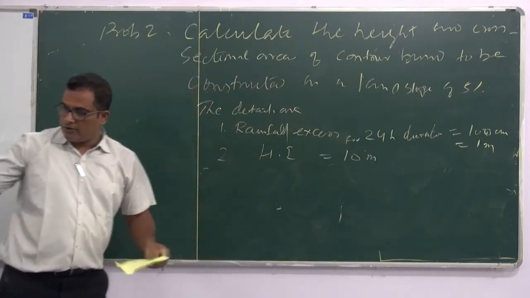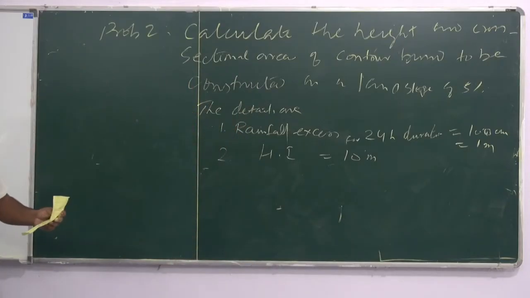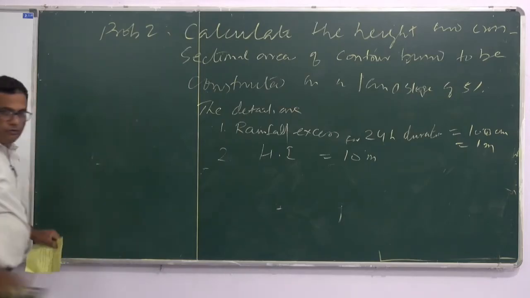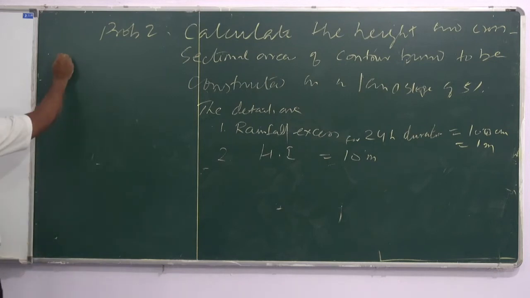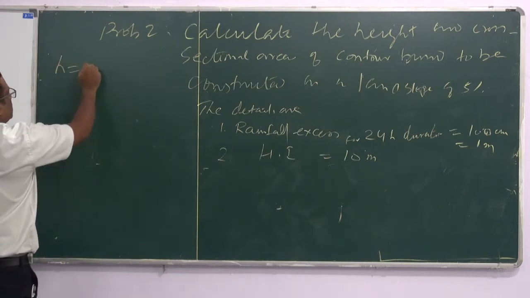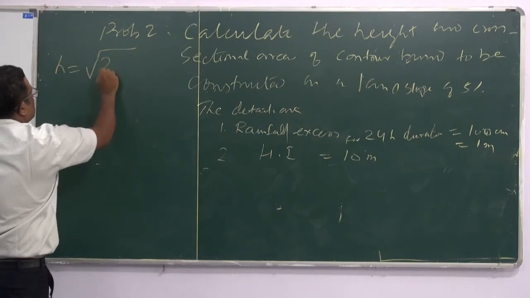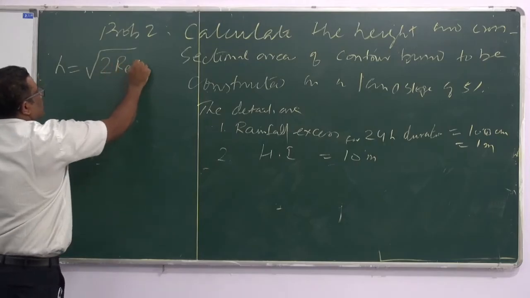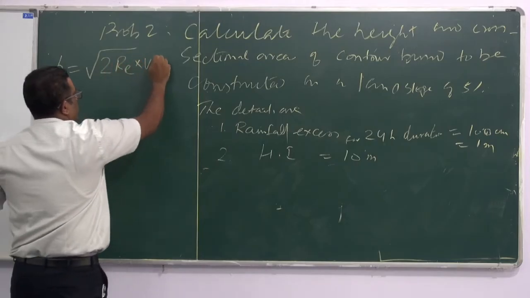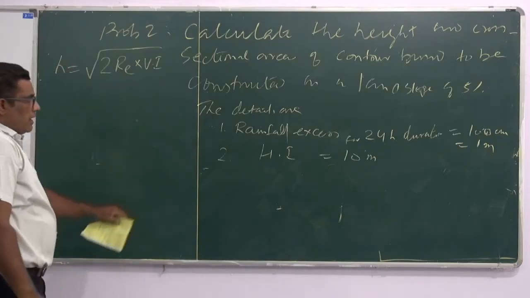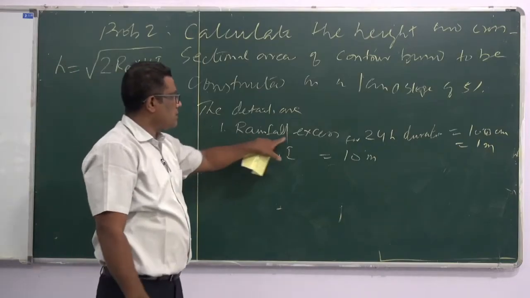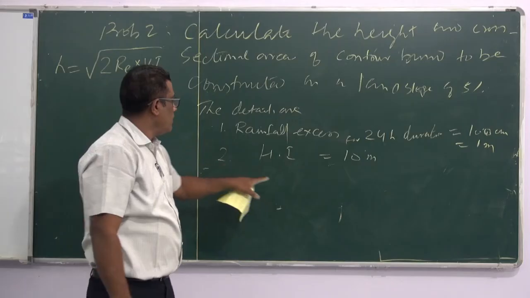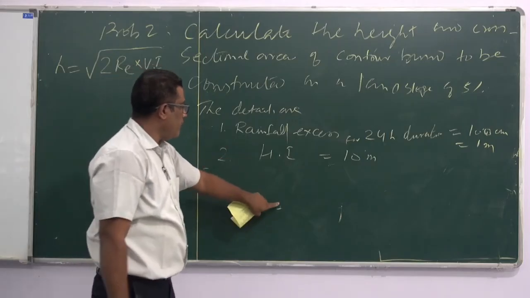Here you have to find out the height. You know the formula, H is equal to under root 2 RE into VI. And what is RE? RE is the rainfall excess in meter. And we have been given HI.